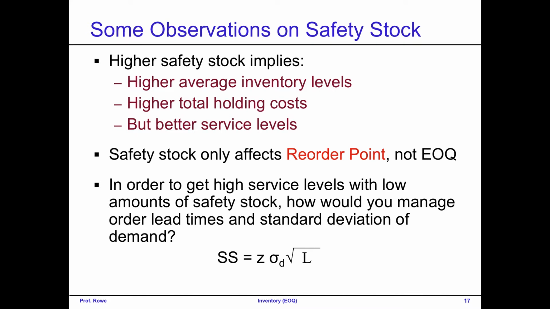And then again, just trying to help build some intuition here with this question: in order to get high service levels with a low amount of safety stock. So I want high service levels. Well, as this Z increases, if we want our service level to increase, but we want our safety stock to decrease or be as low as possible, how do I balance that equation?